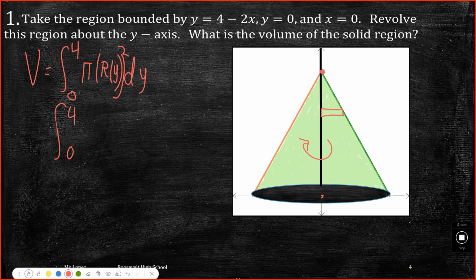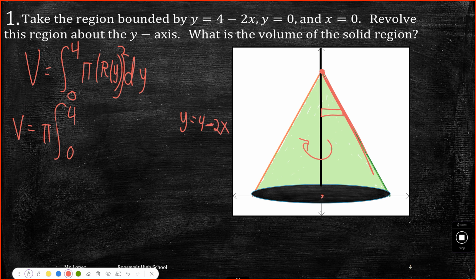You could always factor out that pi. And r is the actual function. So we have to solve for it in terms of y. So you're going to get what? y equals 4 minus 2x. Solve for x, so everything's in terms of y.